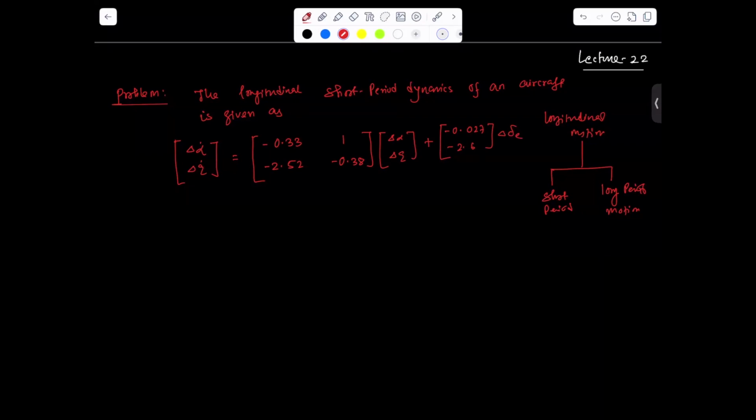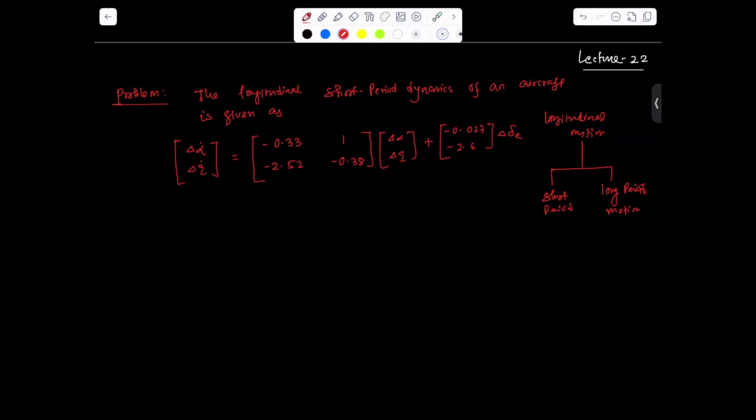Here, if you notice, we need to design the stability augmentation system, which will help us make the states go to zero. It's a linear system, and the equilibrium point is quite obvious, 0, 0.